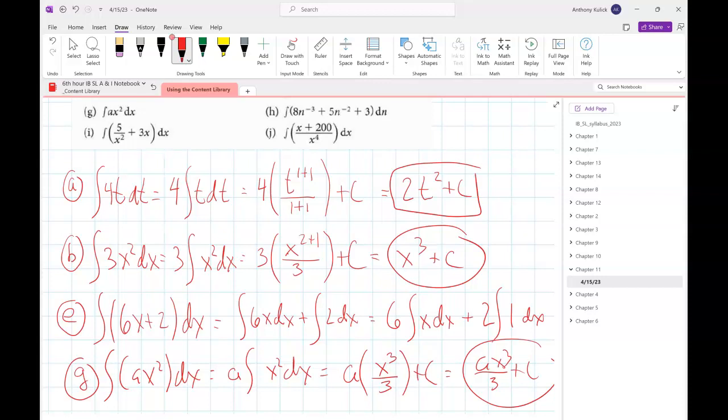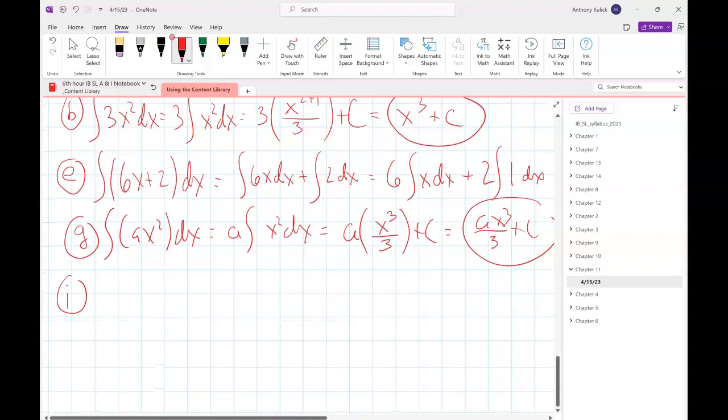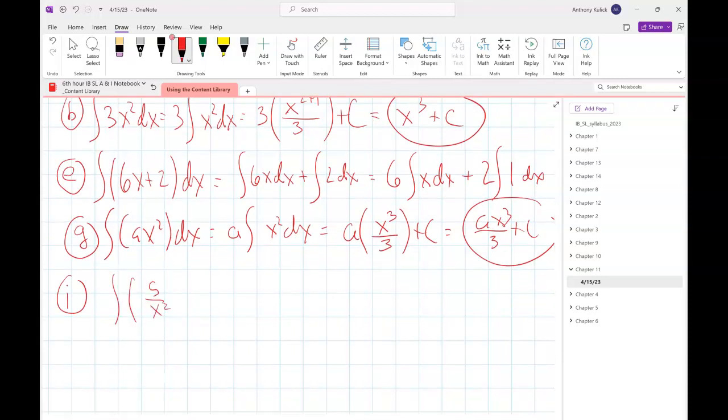Let's do I maybe. You guys are okay with me just kind of skipping along here a little bit, right? Okay. There's a lot of examples here. First thing I would do here, what do you notice about the thing we're trying to integrate? Yeah, the fraction, but specifically what about this fraction's going to be the issue?